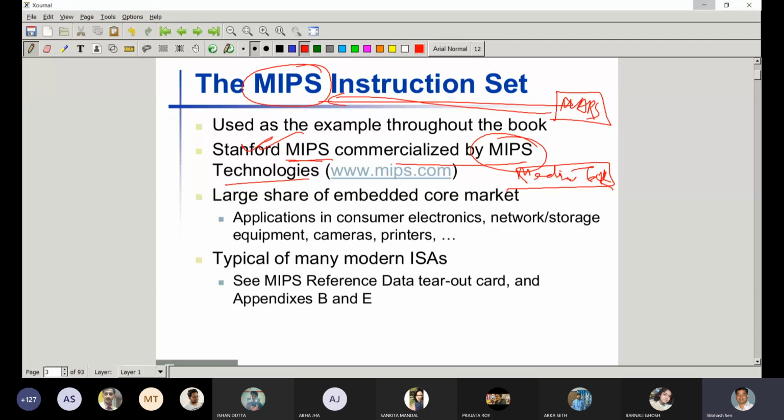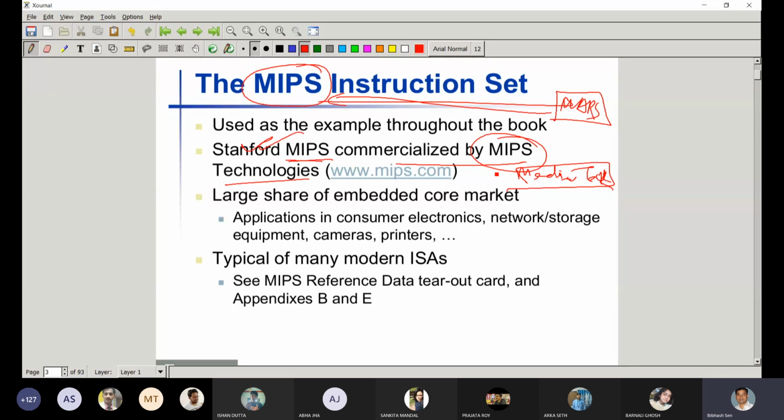Now it is commercialized with some modification and more advancement, and they have patented it. You can take it, design your own architecture accordingly, and build a new system on it. That is the advantage of MIPS.